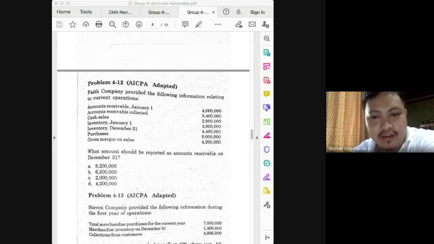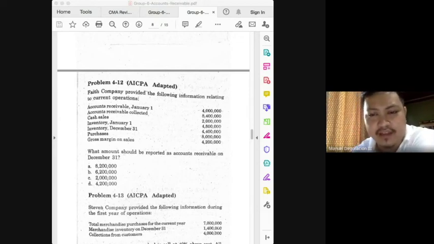Understand that if there are movements in your inventory class, then that means you are able to sell these inventories. And if you are able to sell these inventories, that means you will have sales. And if you will have sales, and if they are on account, then that will go to your accounts receivable account. So first thing we need here, class, is to compute for the total sales.